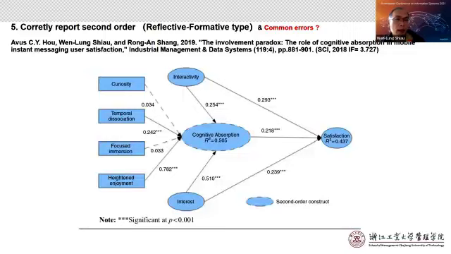We call them RR, RF, FR, and FF. So that's the difference. If you have the formative ones, then it's better to use the 2-stage analysis, not use the reflective type to do all the second orders. Of course, in these ones, there are so many problematic studies over there.